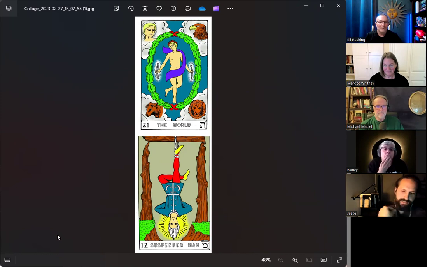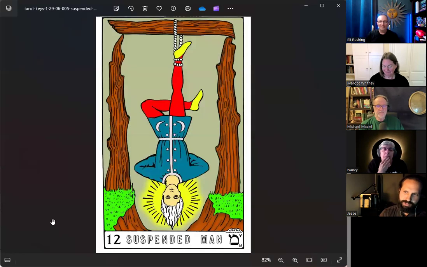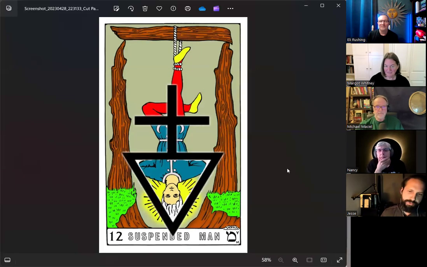What's interesting is the suspended man key is in the midst of the whole of all of the keys. So it is like between fire and water. It is like that Vesica Pisces I was telling you about. Like this is the in between place where life emerges and the child is born.